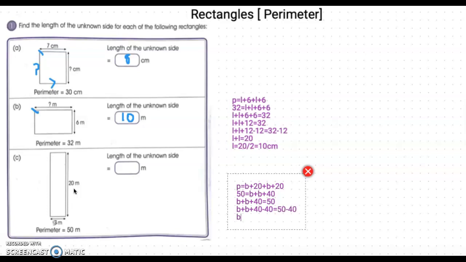So I will remain with B plus B, and that 40 will be 0, so no need to write. So 50 minus 40 will be 10. So 10 is for 2B, so 1B will be equal to 10 divided by 2, because I'm going to divide this 10 into 2 Bs. 1B will be equal to 5 centimeters.